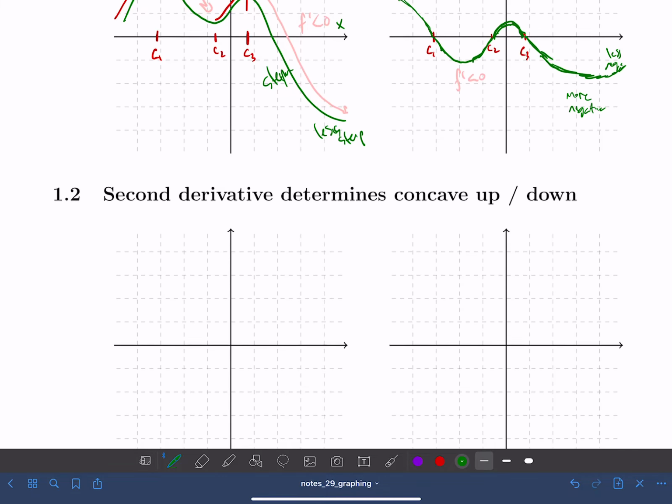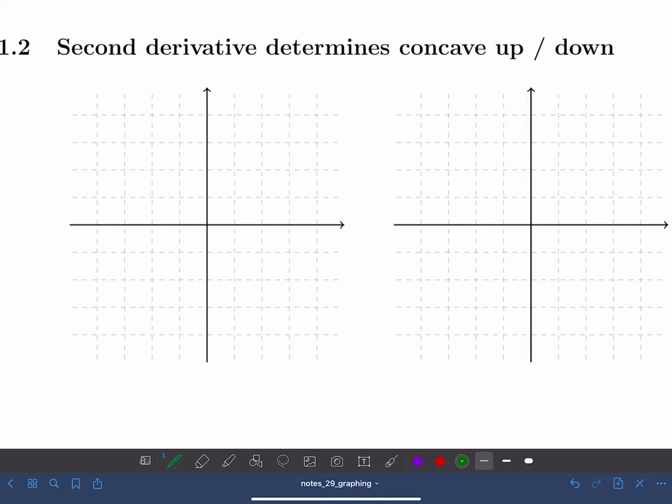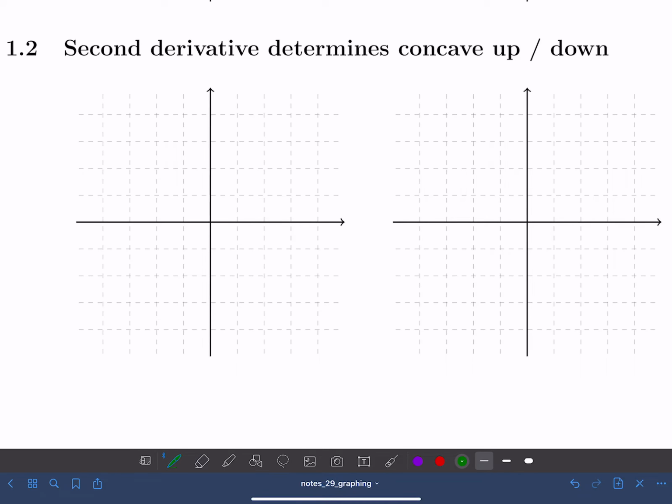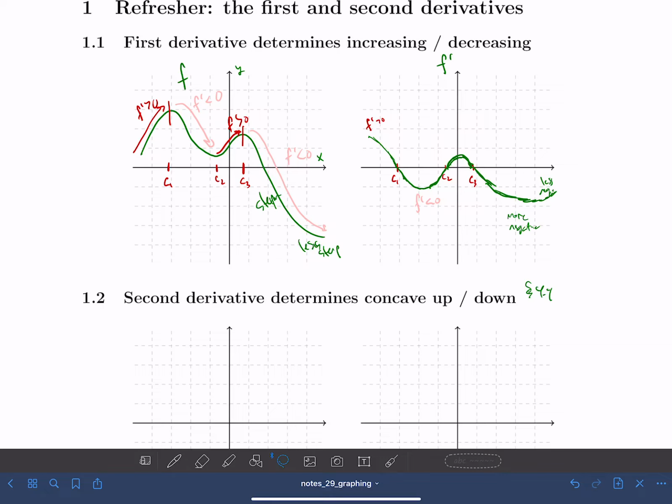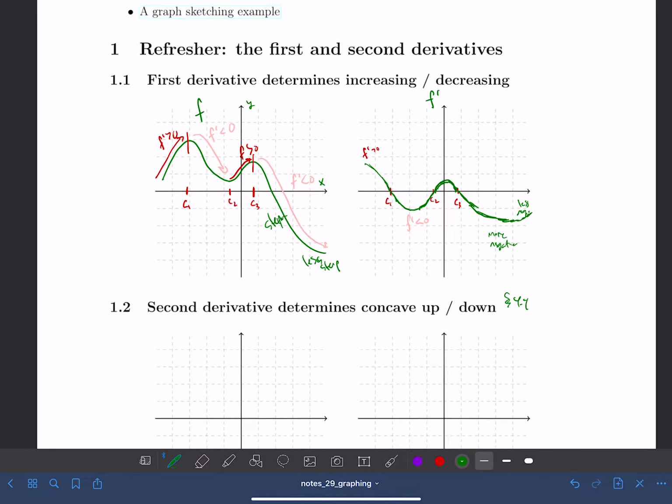Okay, so the second derivative determines whether the function is concave up or concave down. We learned that in section 4.4. So let me copy, I think, no, I'm going to have to redraw it.